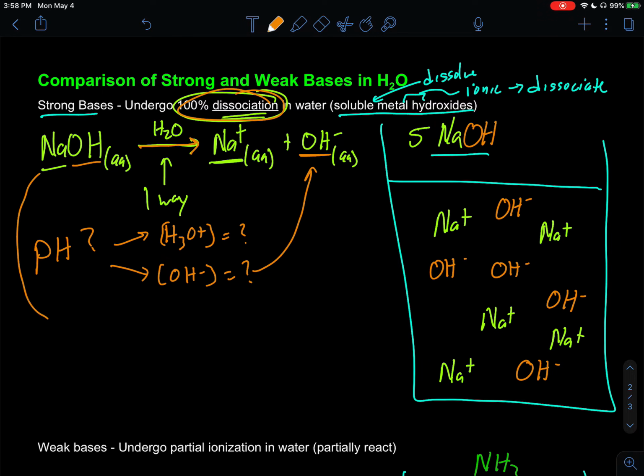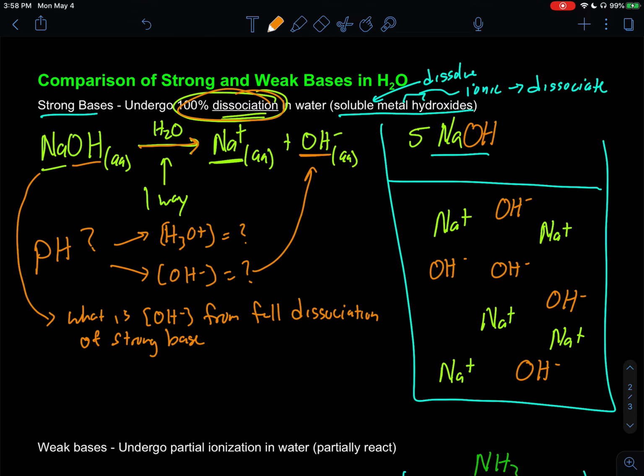And so when we're looking at this, we need to figure out what is the concentration of hydroxide from the full dissociation of whatever strong base we have here. So the full dissociation of our strong base.